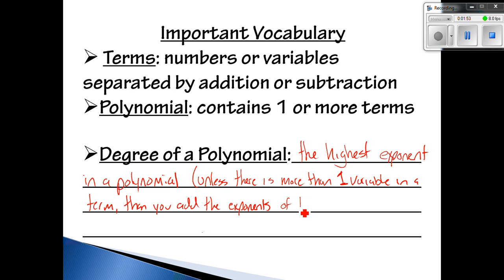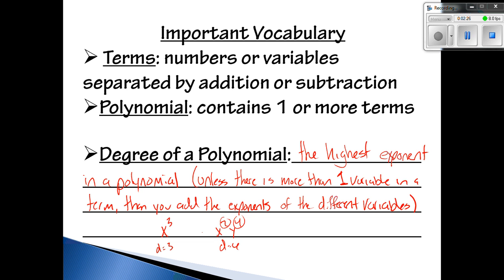I know that makes no sense right now. If we had something like x cubed, that degree would be 3. But if we had x squared y to the 4th, we would add those two numbers and say that our degree is 6. Don't worry, we're going to go through some examples like that.